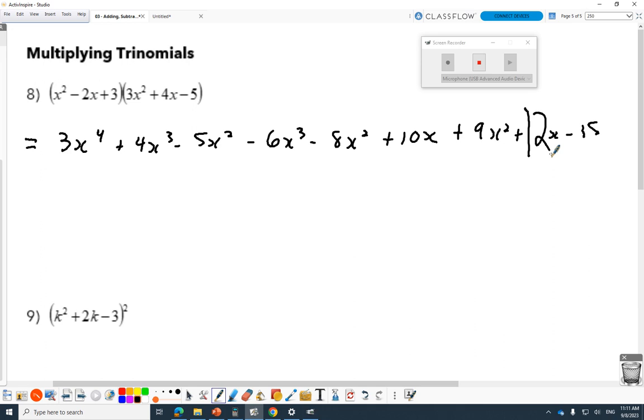Take a look at this. It really will help. How many introductions have to happen here? 1, 2, 3, 4. 4 terms. That's FOIL.